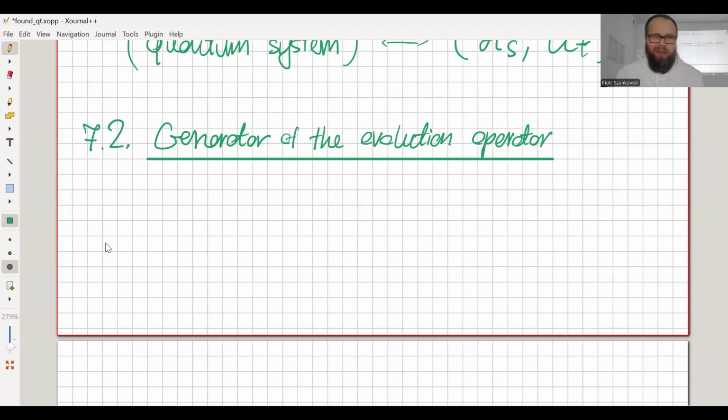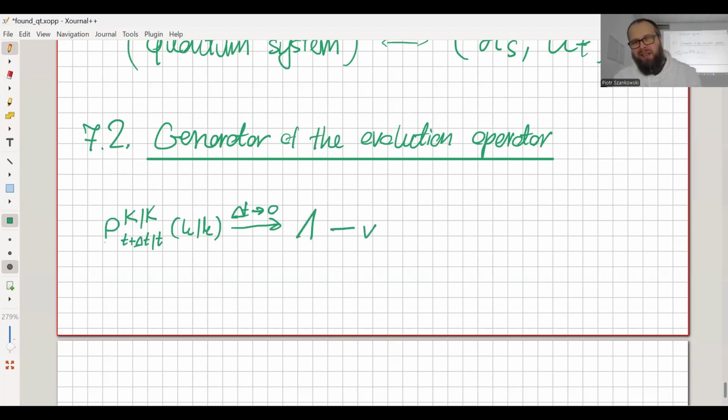And the conclusion we drew from the Zeno effect, the fact that it actually can occur, was that the survival probabilities, when delta t is very small, should behave like 1 minus a certain coefficient, which could depend on k, times delta t squared.